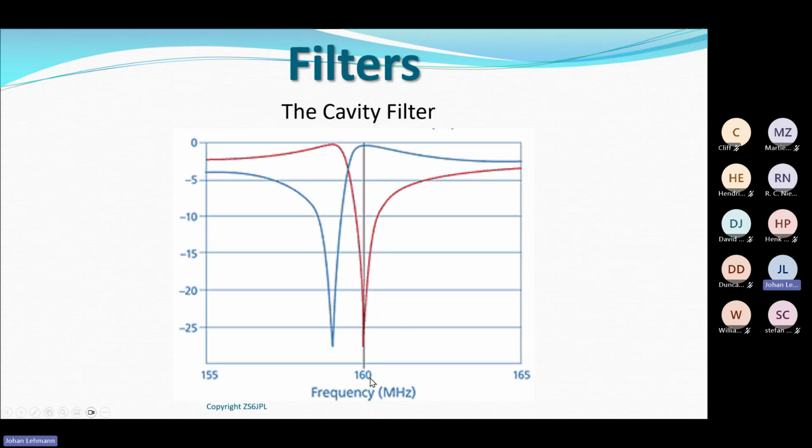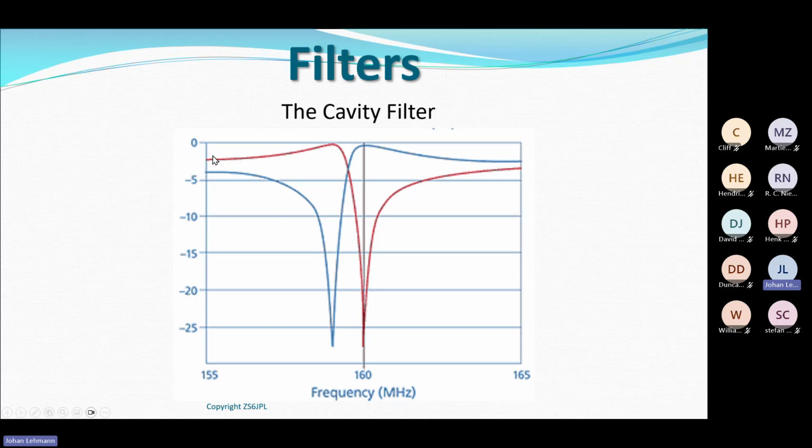So if we look at this graph here as an example, the blue would typically be my transmit frequencies. So you can see at my receive frequency, I'm notching out my transmit frequency. And then at my transmit frequency, I'm passing my transmit frequency fairly well.